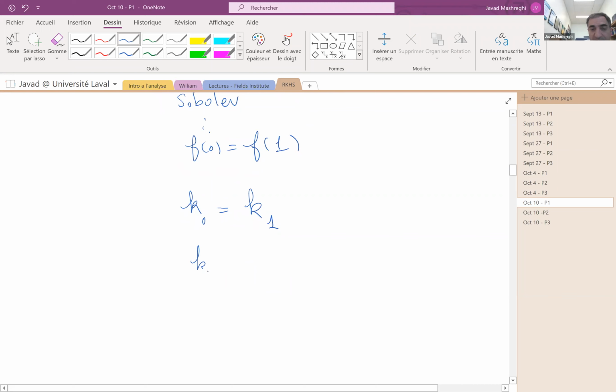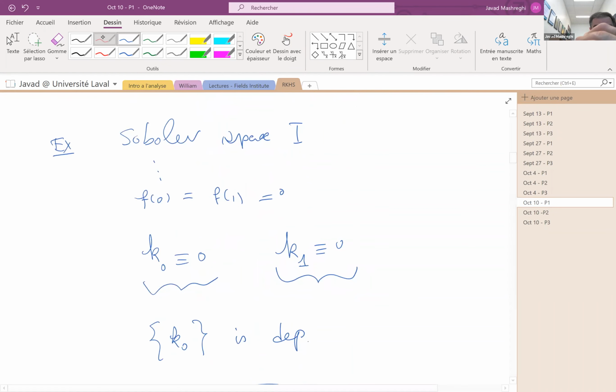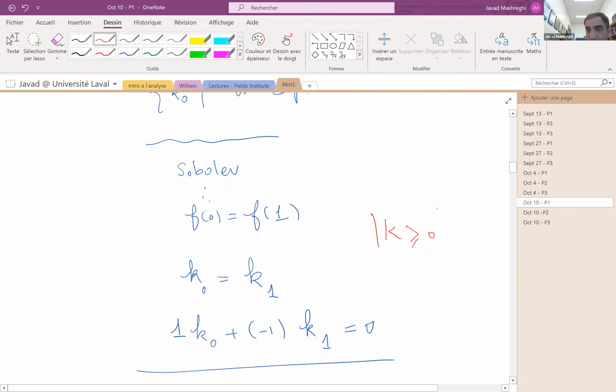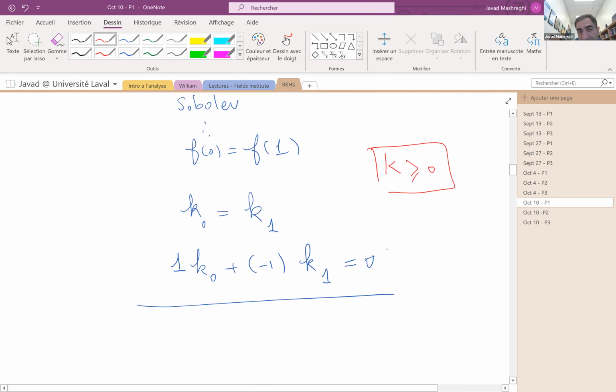And therefore, 1 times k0 plus minus 1 times k1 is equal to 0. Another dependence relation. So even in this case, we can say that the capital K is bigger than or equal to 0, but it's not strictly bigger because of this relation that we have.